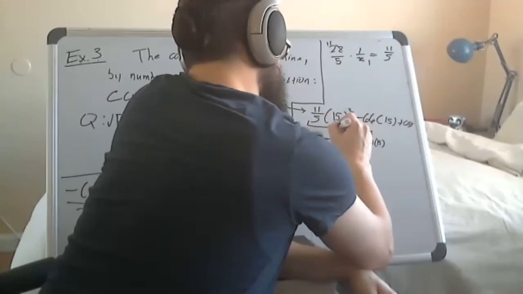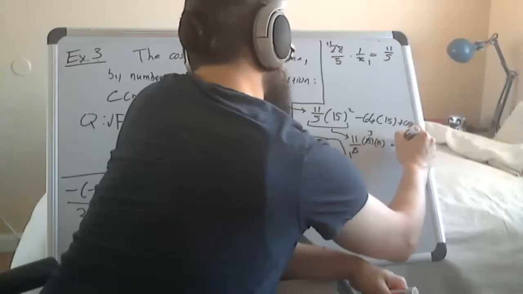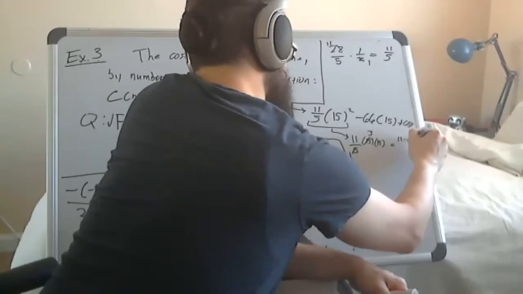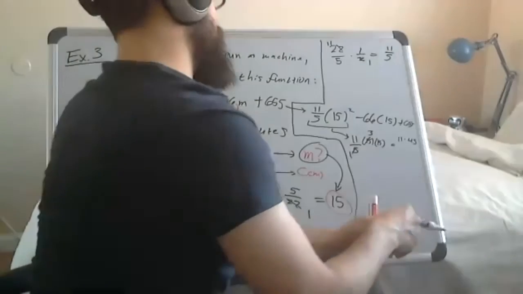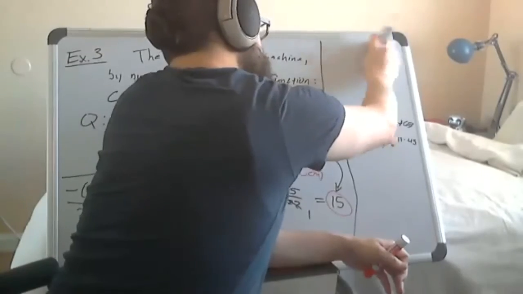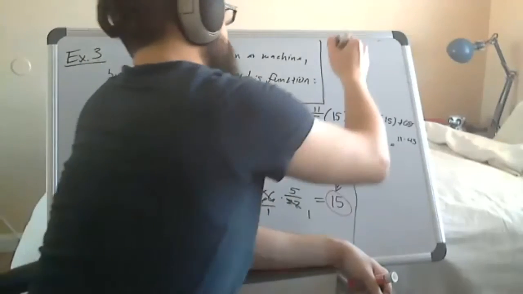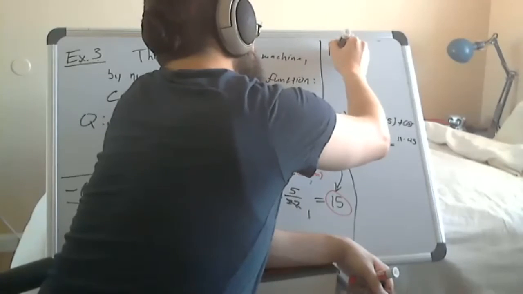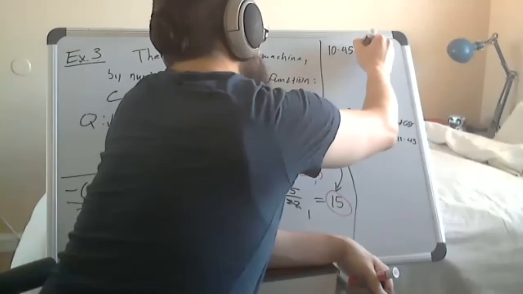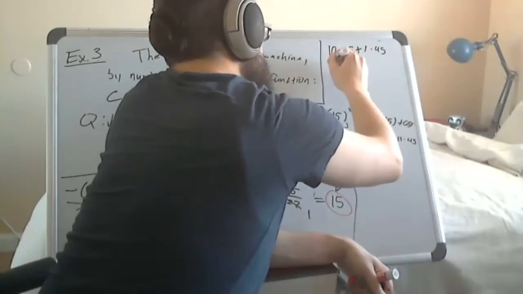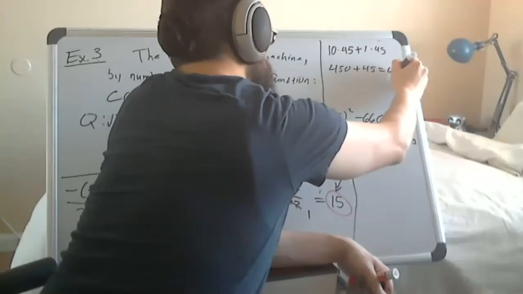This is just this first part. Because now what we have is 11 times 45. See, 11 times 45 is the same thing as, this is fun, 10 times 45 plus 1 times 45. So this is 450 plus 45, which of course is 495.